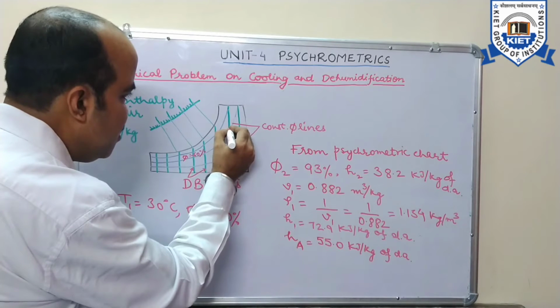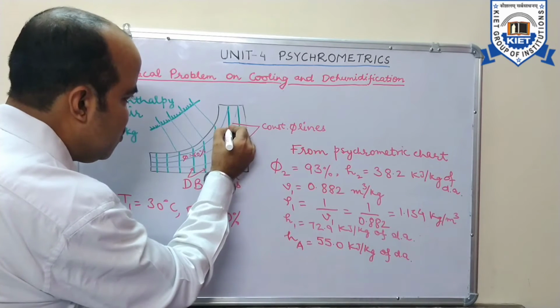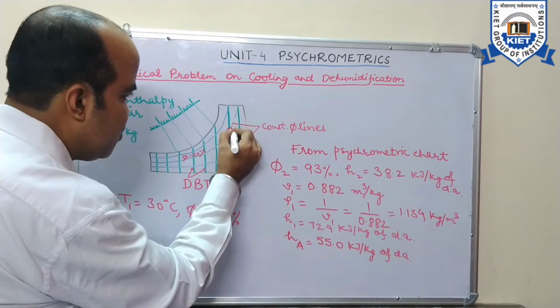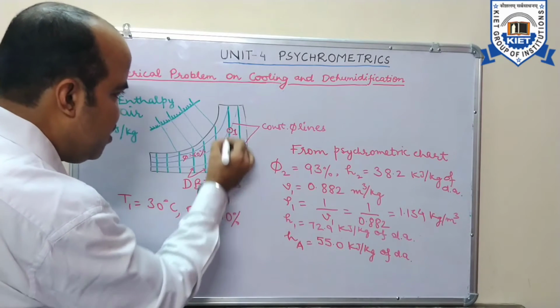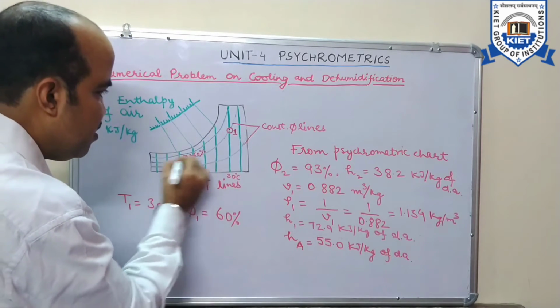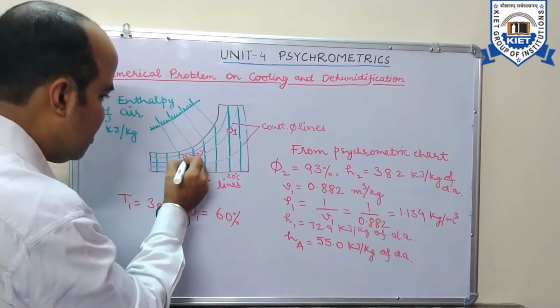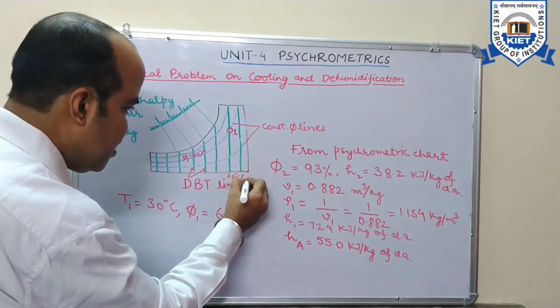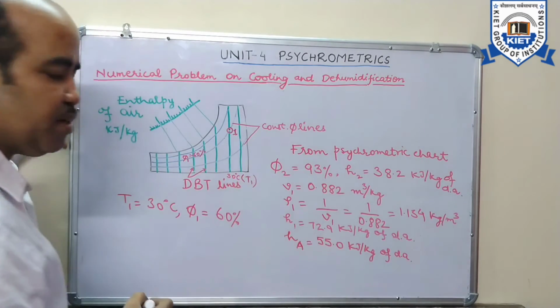So the point will be here. First you locate point number 1 with the help of the dry bulb temperature T1 and the relative humidity phi 1.